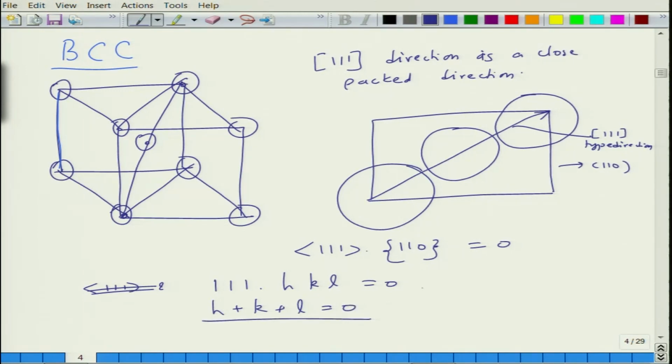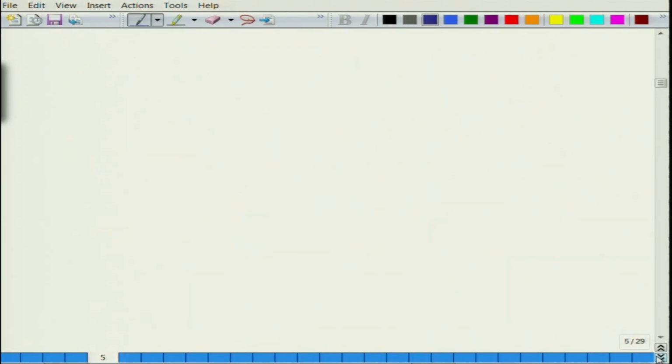Which means you have various combinations. The first combination could be h plus k is equal to minus l, another combination could be h is equal to minus k and l is equal to 0, or one of these is equal to 0. So, if you work out the combinations, you will see that you have 110 type of planes.